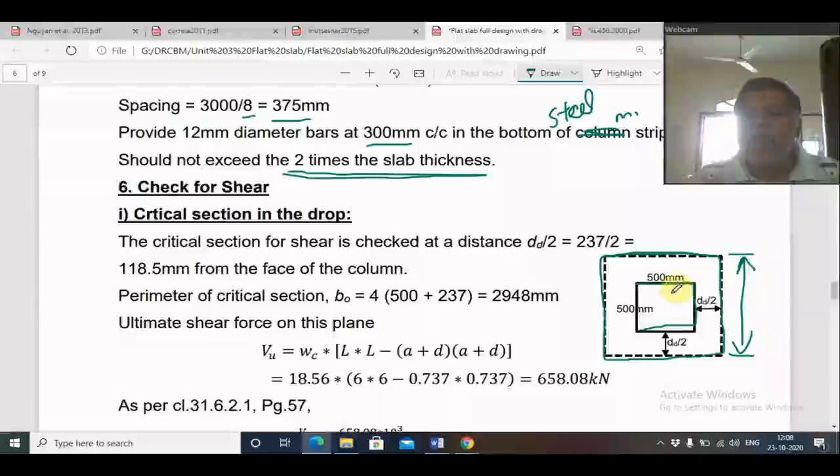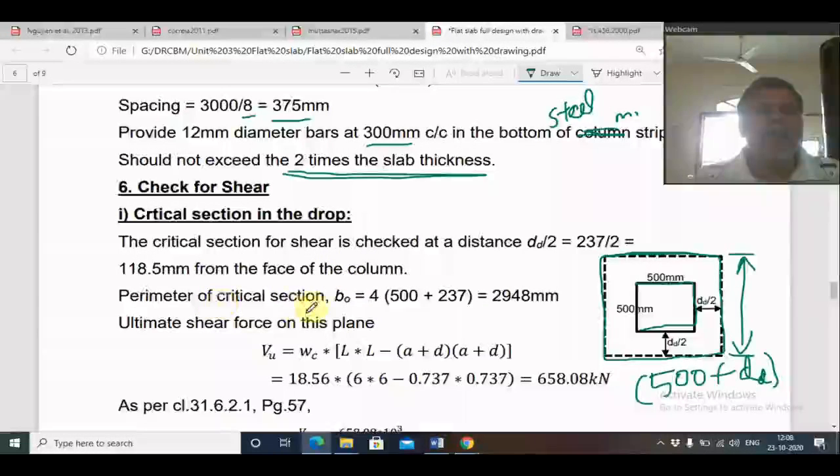It is 500 plus, on either side, we have to add Dd/2. So therefore I am adding 1 Dd. Therefore 500 plus Dd. The critical section for shear is checked at a distance of Dd/2, that is 237/2, from the face of the column, all around the column.